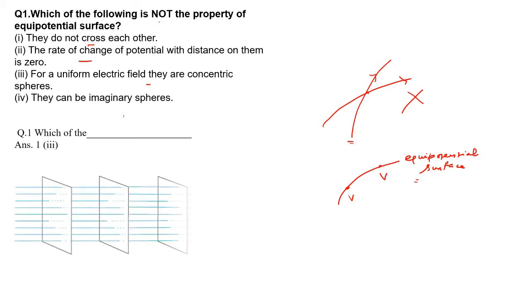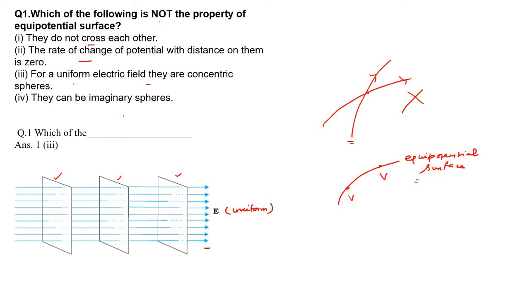Okay, see, you can consider here. This is uniform electric field. They are equally spaced, you know. This is uniform electric field. So these are all equipotential surfaces. Equipotential surfaces will be spherical in the case of point charges and not in the case of uniform electric field.